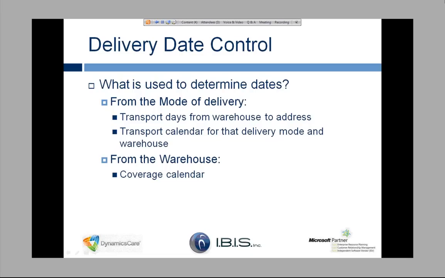From the warehouse, another thing that's also used is the coverage calendar. It basically says that this warehouse is closed on certain days, or it could be open and working, but it could be closed for pickup, and we'll see that as well.